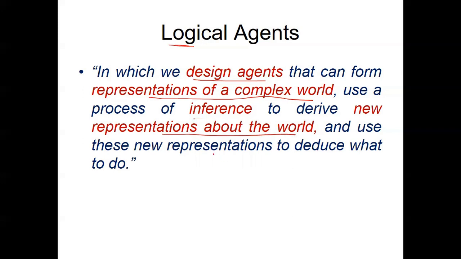Using this new representation, they can deduce what they are supposed to do. So the logical agents have some mechanism to represent the complex world, and they can also apply inference, come up with some new knowledge, and from this new knowledge decide what they are supposed to do.